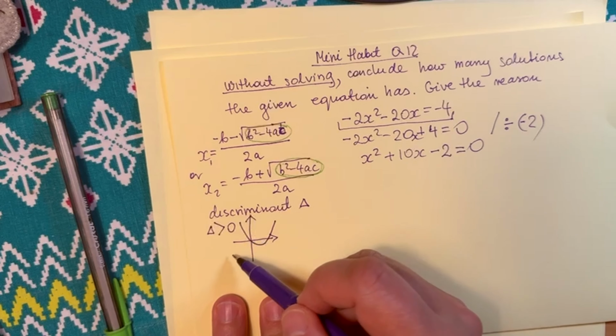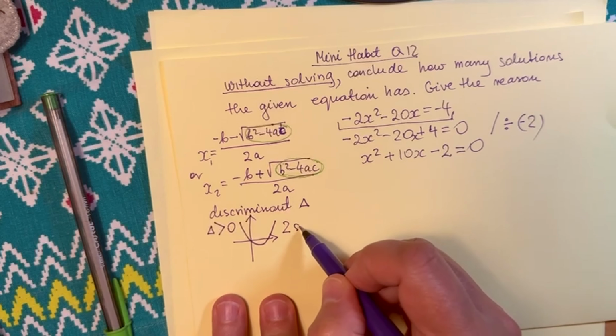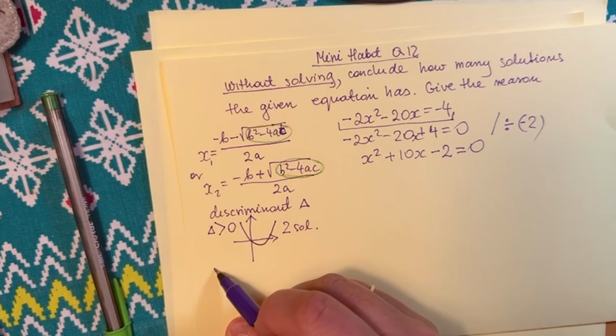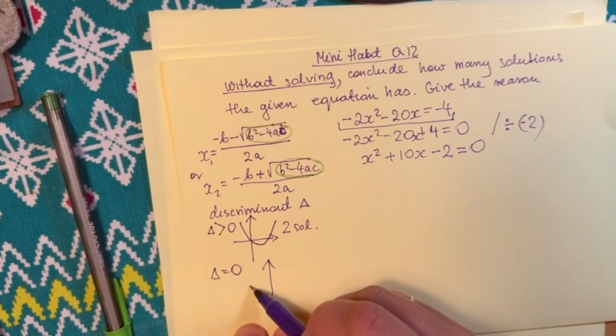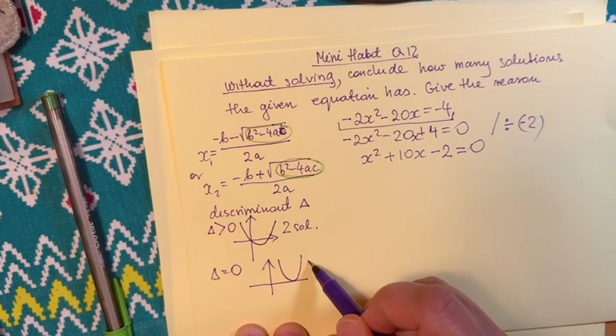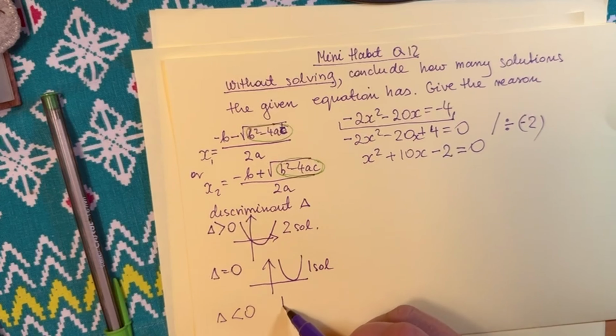But this is just an example, because the arms can go the other way as well. If delta is 0, this will be 1 solution. And if it's less than 0, there is no solution.